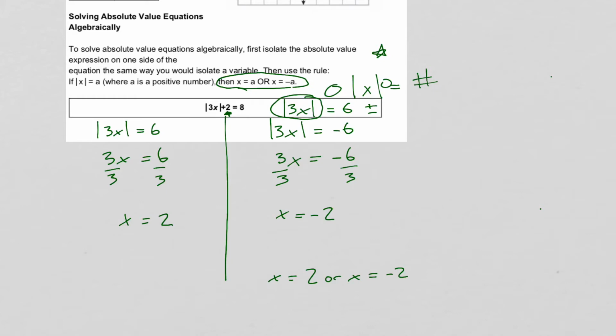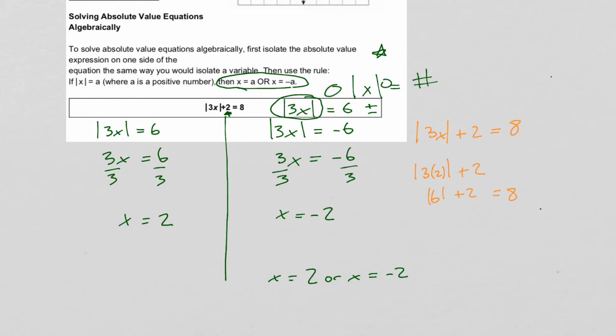And if you plug these back into the equation, you don't have to write this down, but I'm just going to do it right now for your understanding, right? Here was our original equation, the absolute value of 3x plus 2 equals 8. And if we did it right, both answers should work. So what is the absolute value of 3 times 2 plus 2? You get the absolute value of 6, plus 2, right? That is equal to 8.